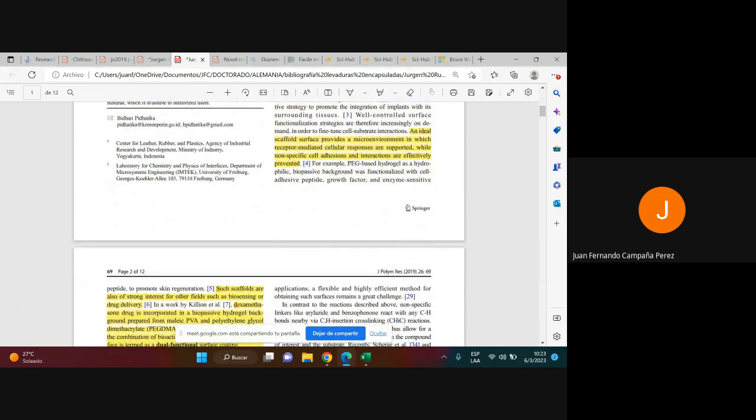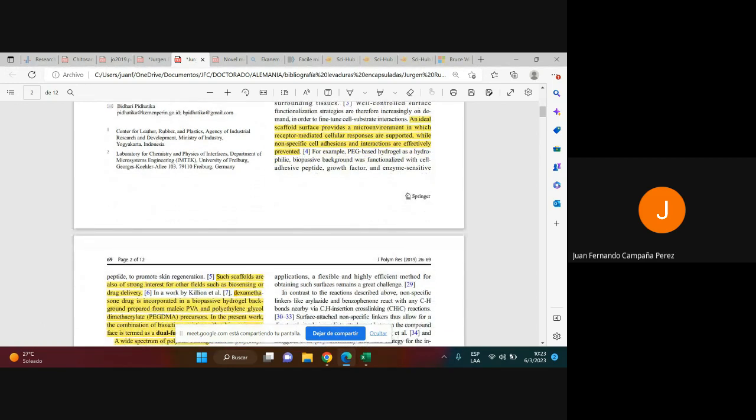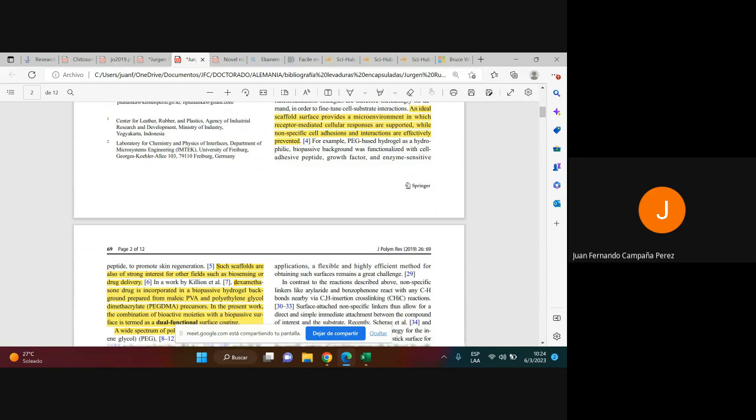So they say that an ideal scaffold surface provides a microenvironment in which receptor-mediated cellular responses are supported, while non-specific cell adhesion and interactions are effectively prevented.